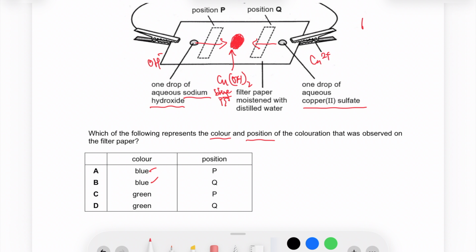You must look at the Mr. Copper is about 64, hydroxide is about 17. So hydroxide is lighter, so it will travel faster. Most likely they will meet somewhere here. Your hydroxide will actually travel faster, so it will be Q. So the answer will be B.